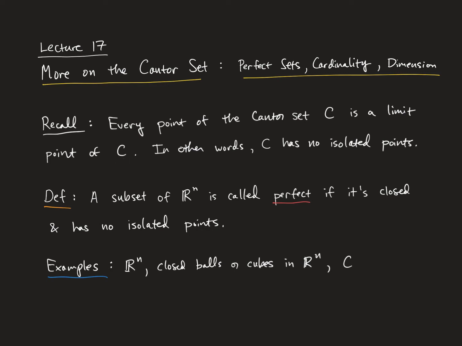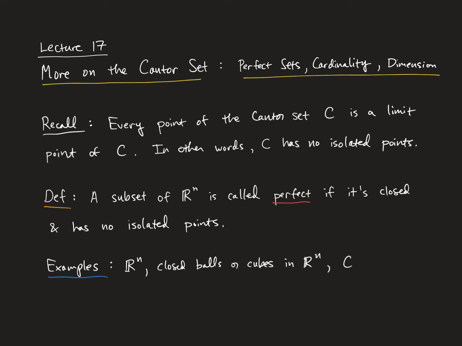Another way to say that every point of a set is a limit point of that set is to say that the set has no isolated points. An isolated point of a set is a point in the set where you can put an open ball around it that contains only that point in the set.